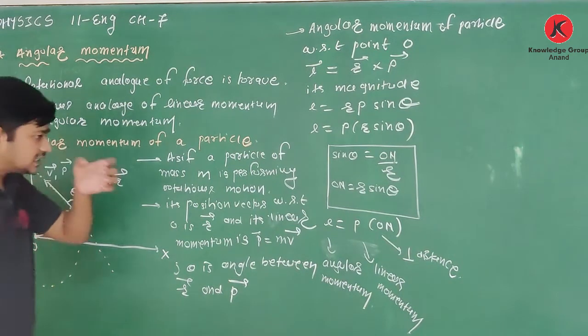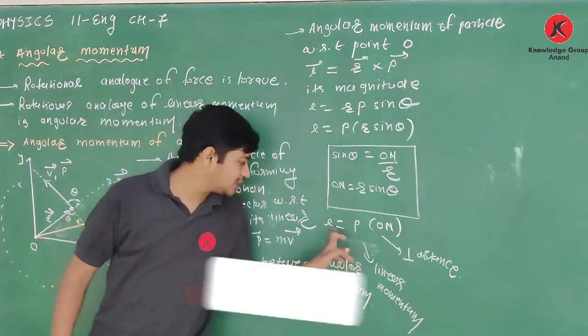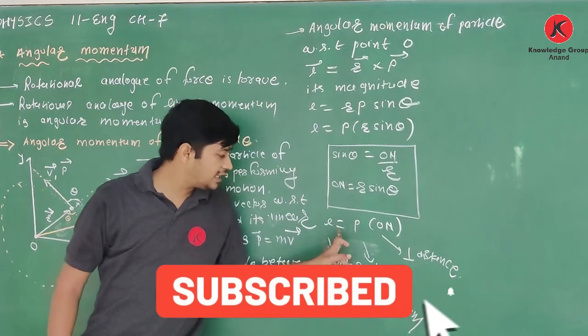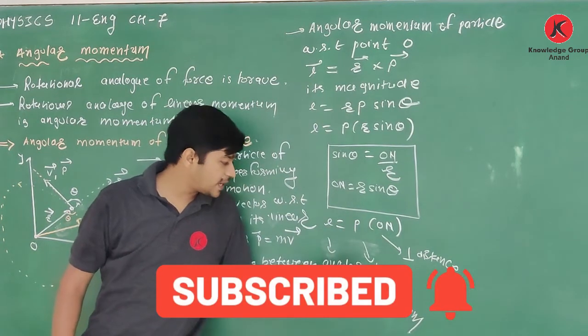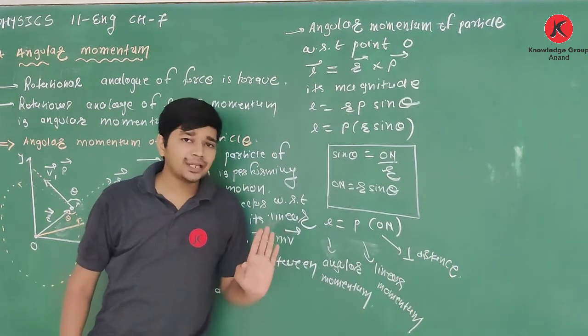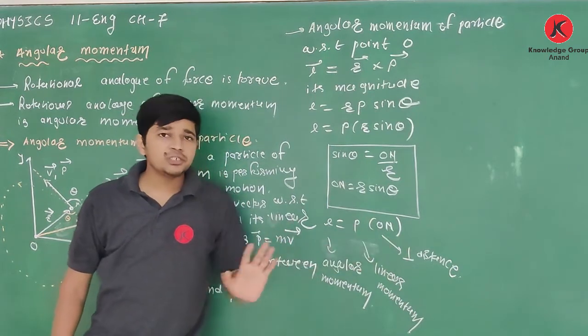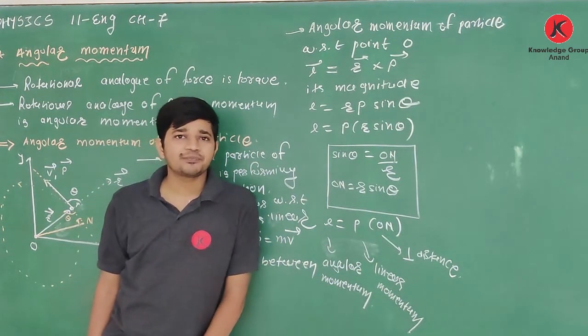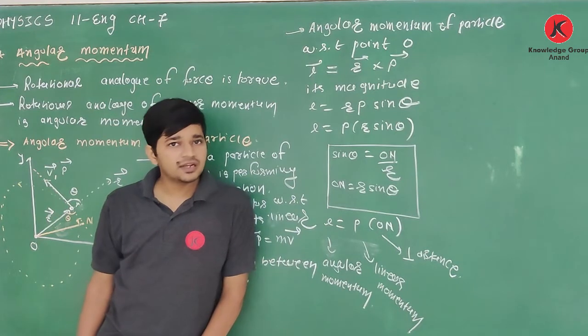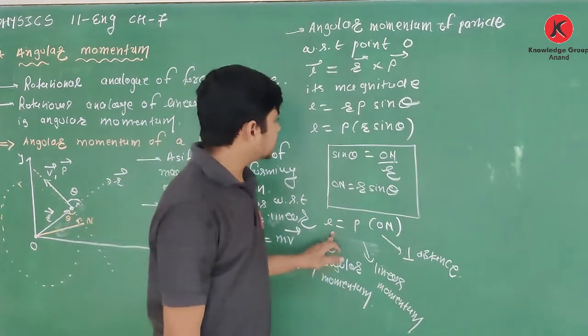So remember this definition: the angular momentum of a particle L is equal to P into ON, that is, linear momentum into perpendicular distance. Clear about this?